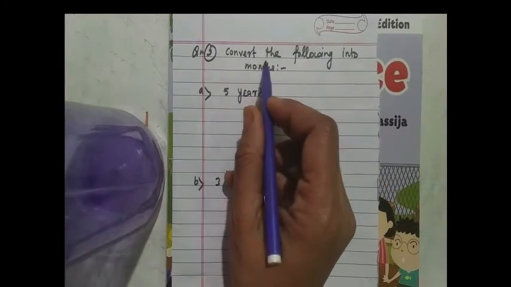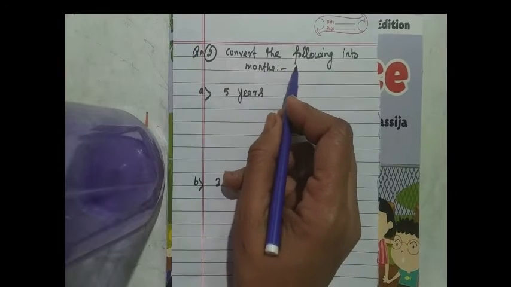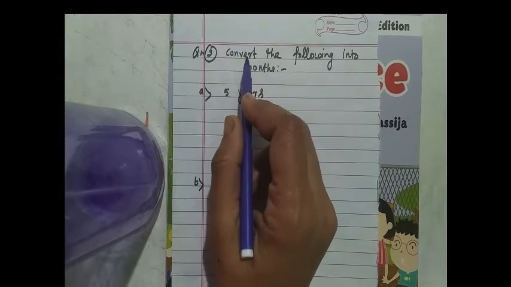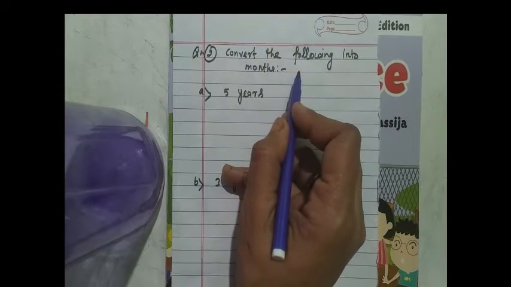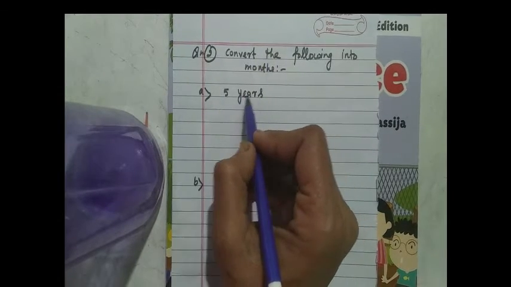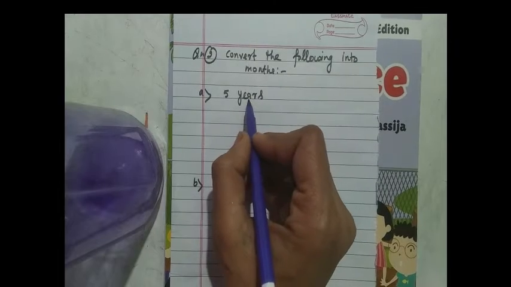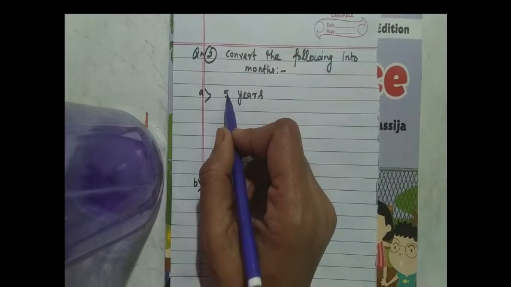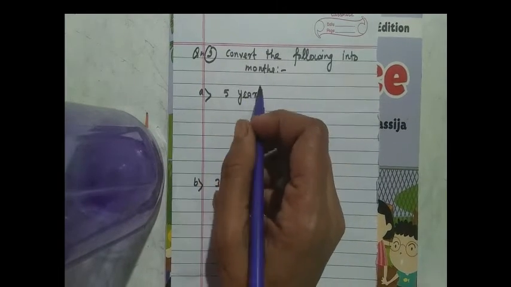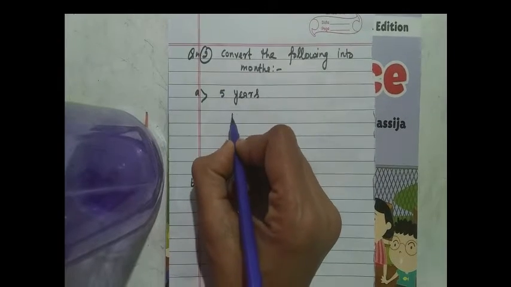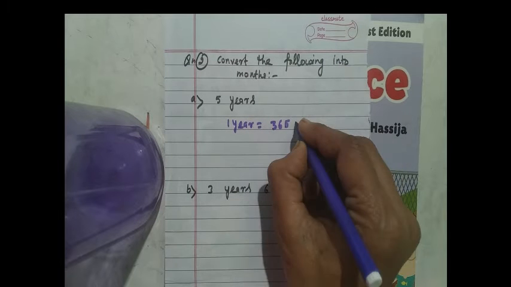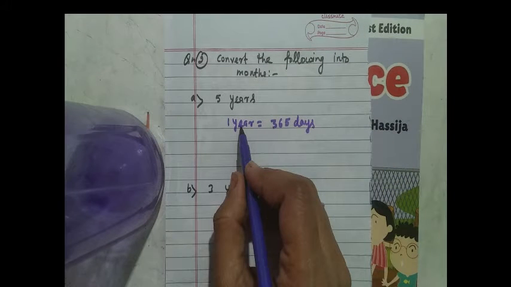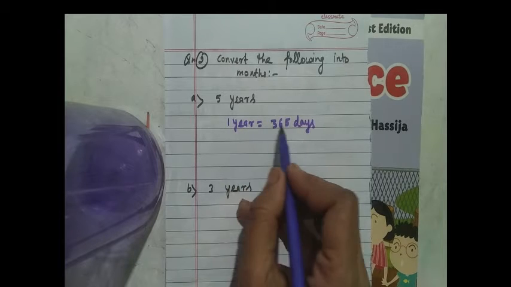Okay, so let us take another question of the same topic, calendar. This is the second question. Convert the following into days. The question is given in years, so you need to write the conversion formula. 1 year equals how many days? We have already discussed, 1 year equals 365 days.